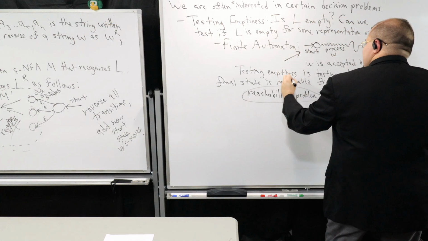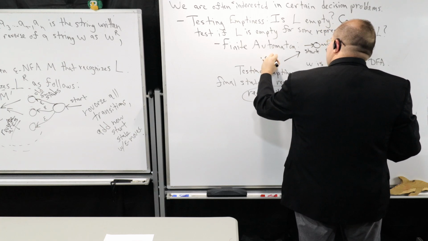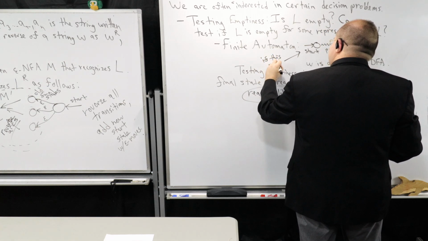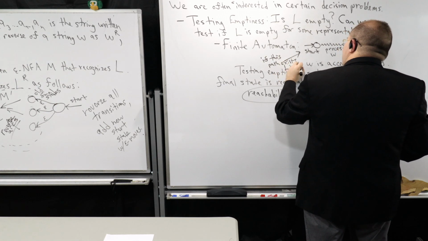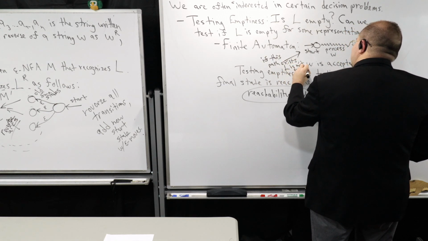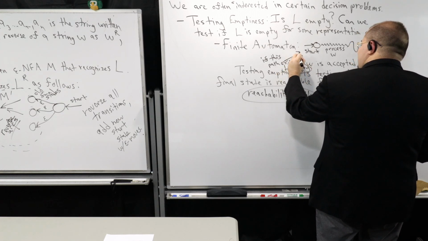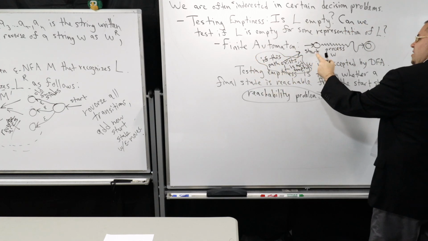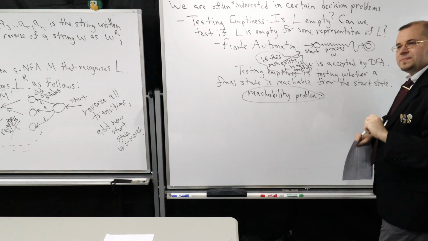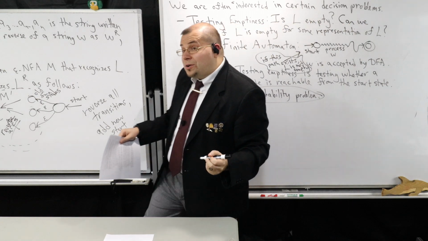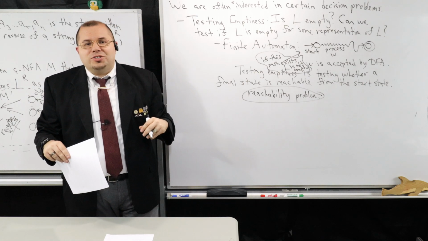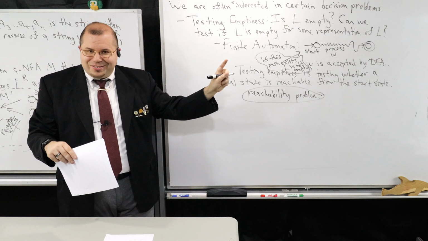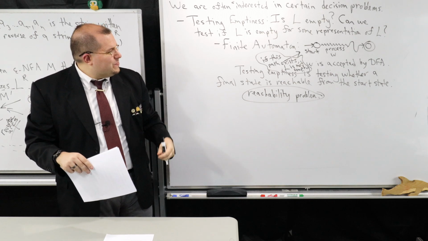So if this path exists, L is not empty. That's what this says. L is not empty if there's a path that takes me from the start state to a final state. Why? Because remember, all of those arcs, if you think of it like a graph, correspond to my transitions, where I read symbols.